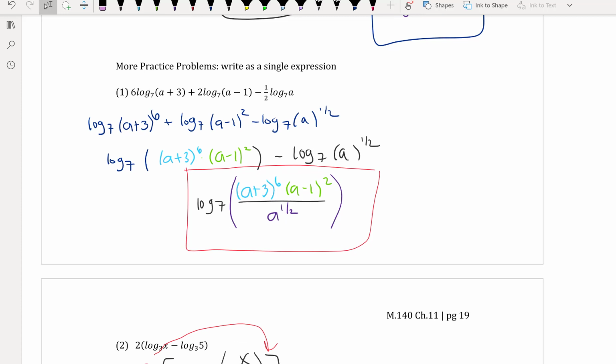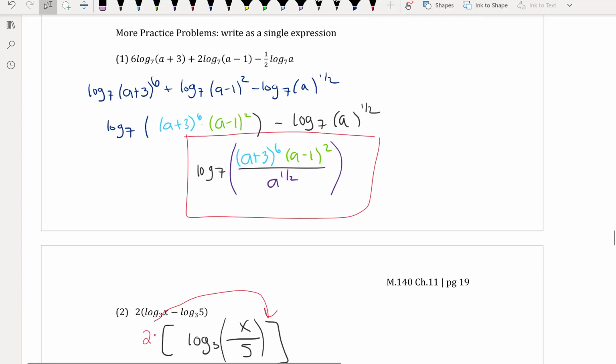And for the more practice problems, I have this big ugly fraction, but it's okay, we broke it apart. First I moved all of those coefficients as the power, and then I changed the addition into multiplication, and then the subtraction turned into division.